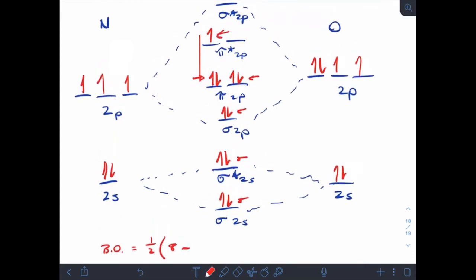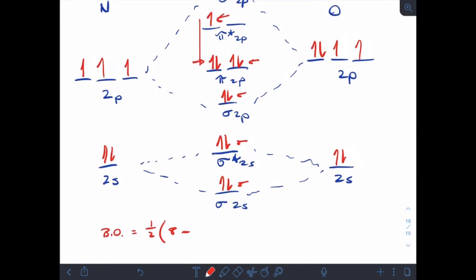There's a third. So 1/2, 8 minus 3. 8 minus 3 is 5. So I've got a bond order of 2.5. So what that tells us is that our bond is between double and triple. Right, so we've got some kind of funny bonding going on.